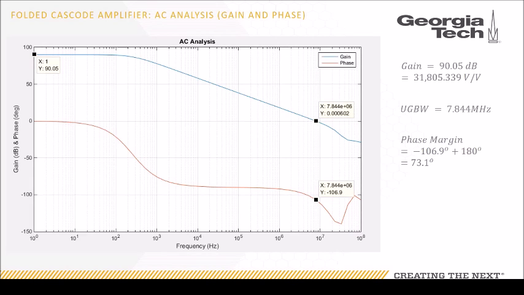So here is the folded cascode amplifier's AC analysis, where we look at the gain, phase, phase margin, and the bandwidth. As you can see here on the right, we achieve a gain of about 90 dB, unity gain bandwidth of 7.8 megahertz, and a phase margin of about 73 degrees. The blue line represents the gain, and the red line represents the phase.